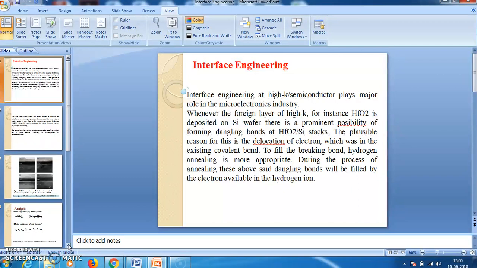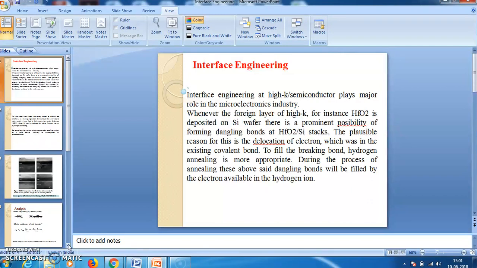But whenever you perform hydrogen annealing, it cannot form any silicates, and even if a silicate forms, it is not a dielectric material. The hydrogen goes through the hafnium oxide and participates in the covalent bond, because hydrogen has a single electron.